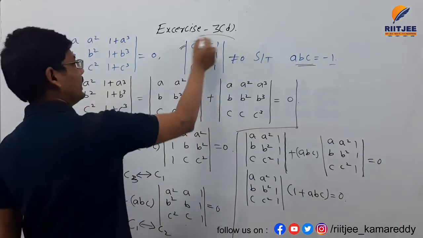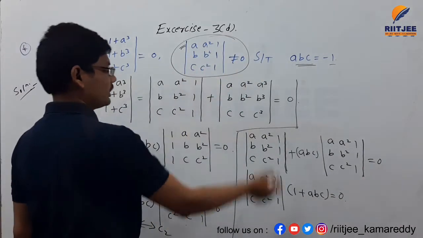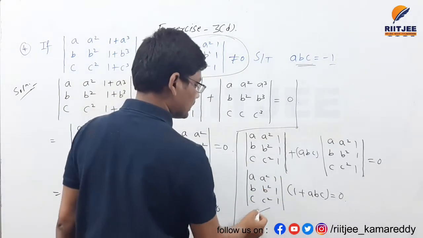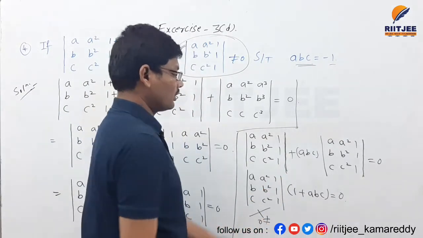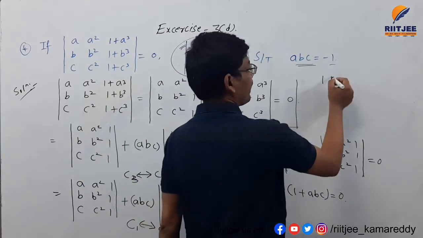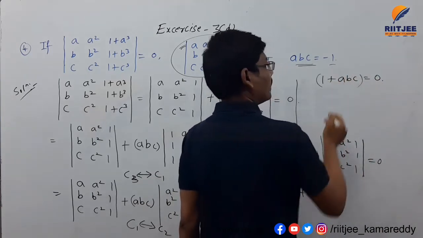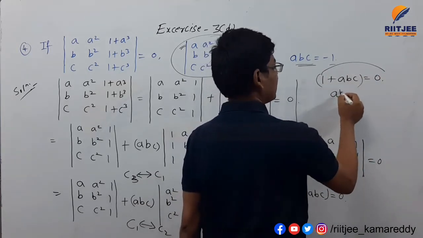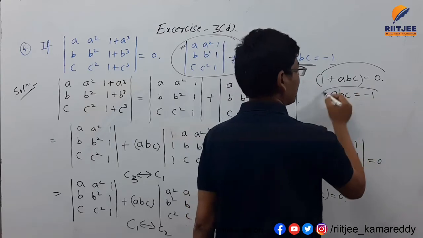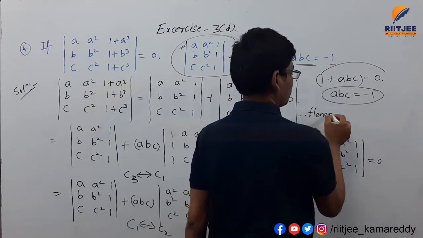Here he has given the condition that this determinant is not equal to 0. So definitely this other term is equal to 0, that is nothing but 1 plus abc is equal to 0, and if you send this 1 to the right hand side, then it will become abc is equal to minus 1. Hence proved here.